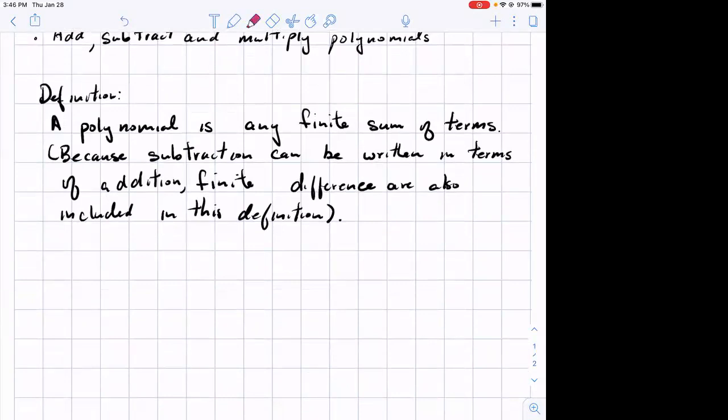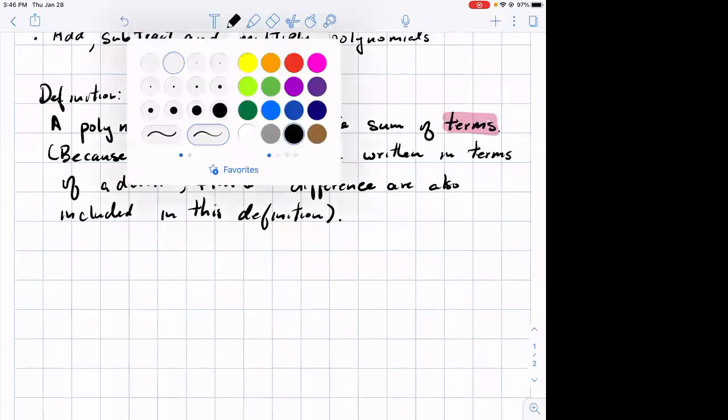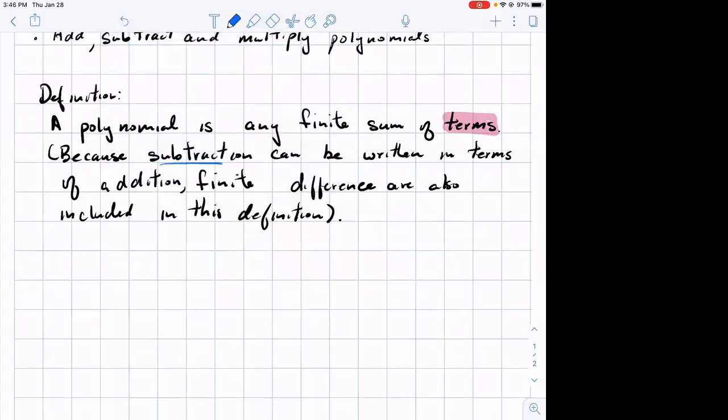A couple things to note. We have something to look at here, what is called a term, okay, or terms. But what do we mean that subtraction can be written in terms of addition?